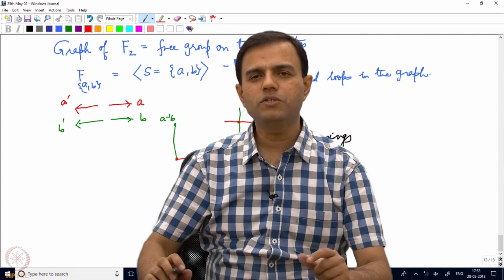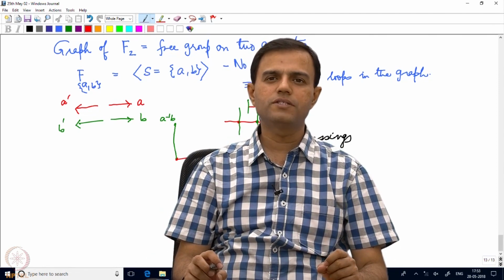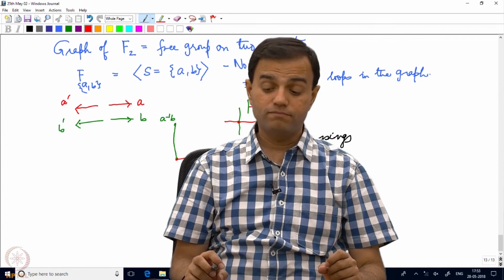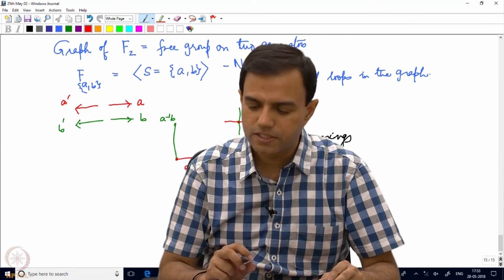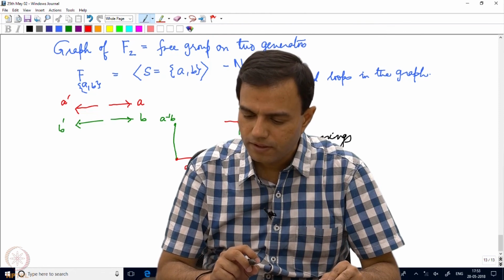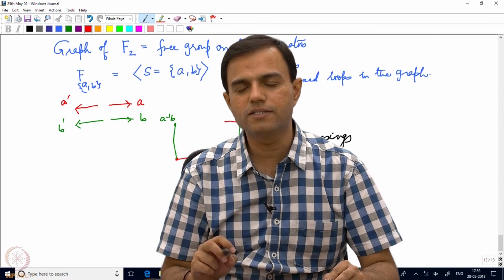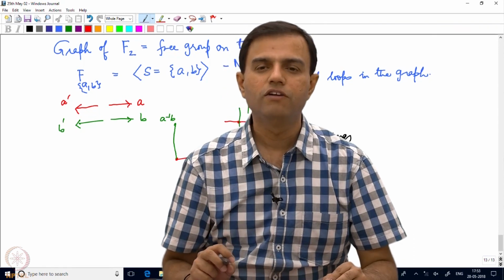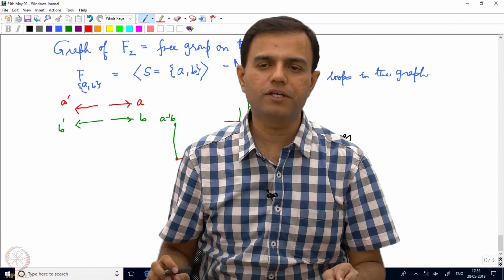What is the application? What is the use of having all these graphs, Cayley graphs? We are going to talk about all this in coming lectures. One very interesting application would come in understanding puzzles, in understanding Rubik's Cube. In fact, whenever there is a group action, you can construct a graph out of it.